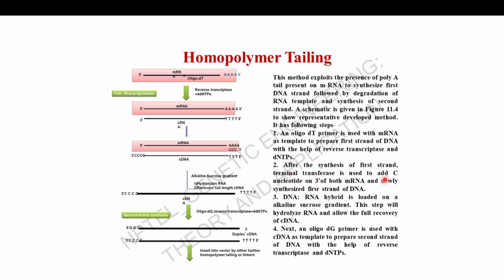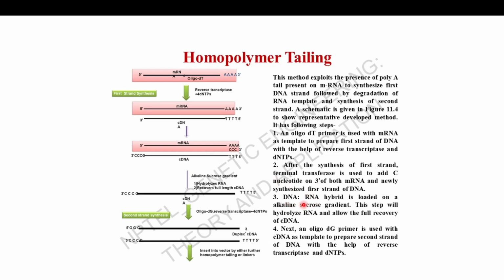And then after this first strand cDNA synthesis, there is an enzyme called terminal transferase, which is used to add C nucleotides at the 3' end of both the mRNA as well as the cDNA. Okay, and then this DNA-RNA hybrid is formed.